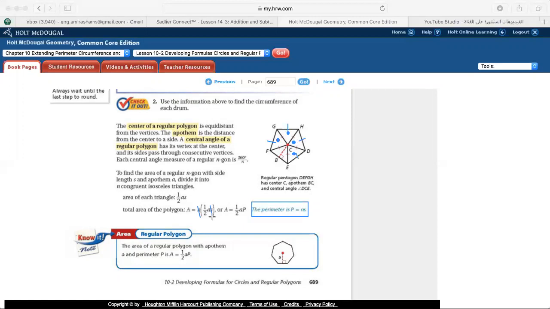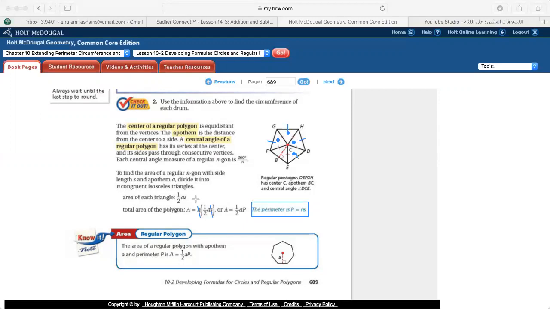If it has 7 sides, I'm going to divide it into 7 congruent triangles. I will get the area of one triangle, then I'm going to multiply by the number of triangles. The number of triangles is the number of sides.